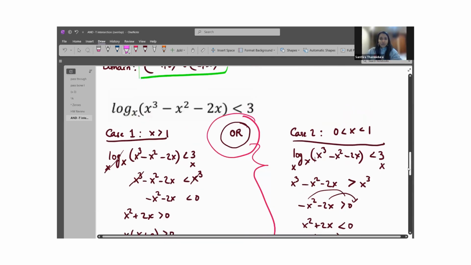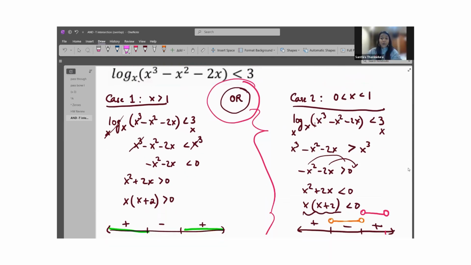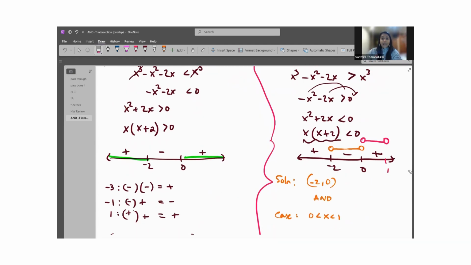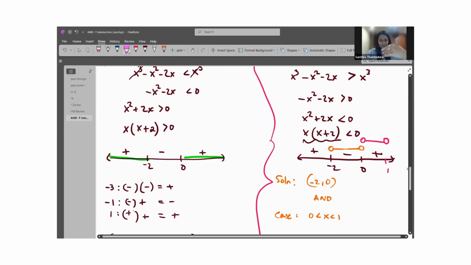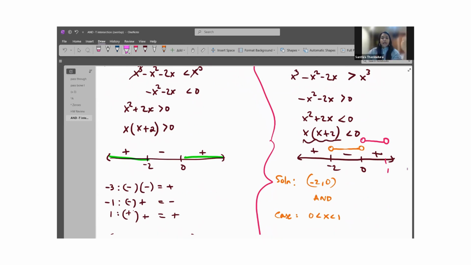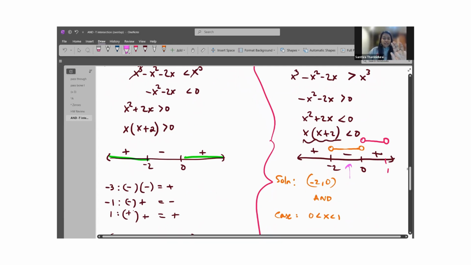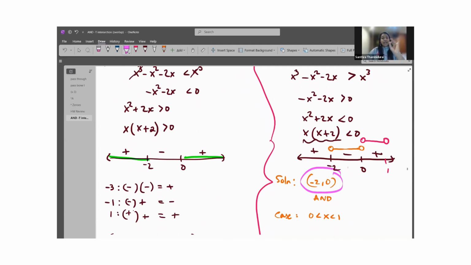Do the same thing with the next case. Here, your x is between 0 and 1. So you remember, you got to flip your inequality. You have x here. I don't want a leading coefficient negative. I'm going to put everything to the other side. So x times x plus 2 is less than 0. And so this is my solution to just that portion, okay? But remember, once I get the solution to that portion, I need to combine it with the case restriction using an and.